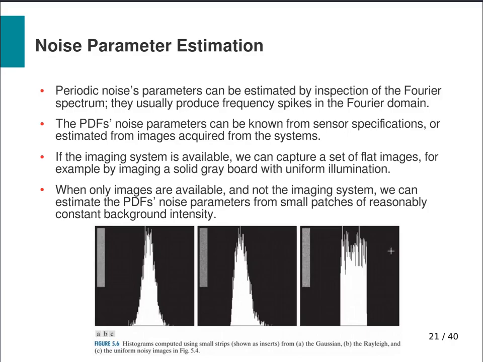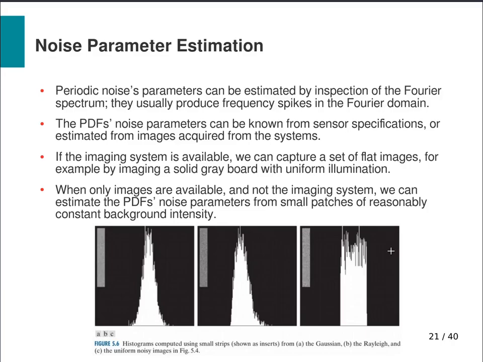If you have access to the imaging system that we use for capturing the image, we can capture a set of flat images, for example by imaging a solid gray board with uniform illumination, and then since we already know what the image should look like, we can estimate the amount of noise or the parameters of the noise from those flat images.